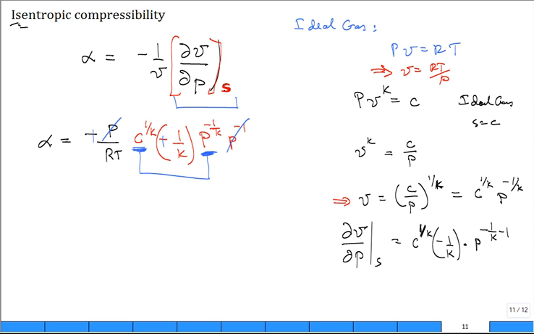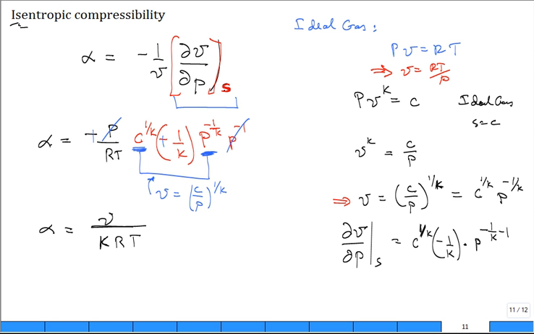I get C over P to the 1 over K. That's V. That's what I'm going to use right there, true? So alpha is equal to V over KRT.